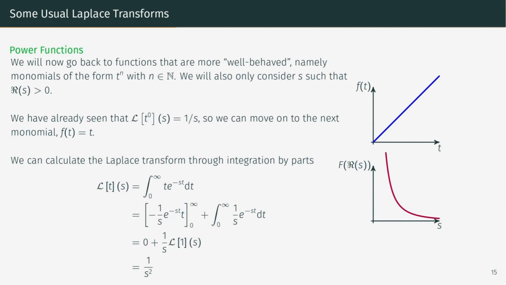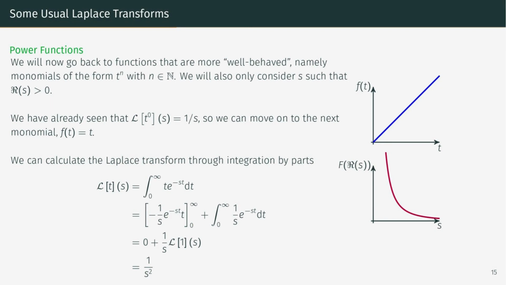We can calculate the Laplace transform using the method of integration by parts, which we saw in the earlier integration lecture. The Laplace transform of t equals the integral of t e to the negative st dt from 0 to infinity. Then, using integration by parts, we can see that this equals negative 1 over s e to the negative st times t from 0 to infinity plus the integral of 1 over s e to the negative st dt from 0 to infinity.